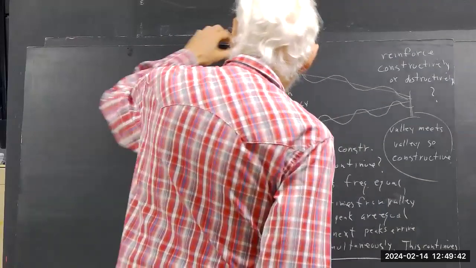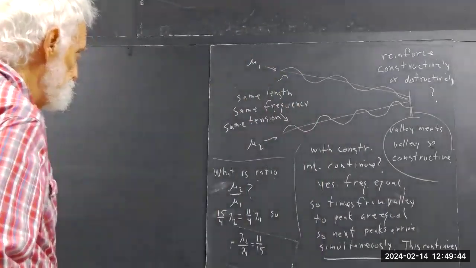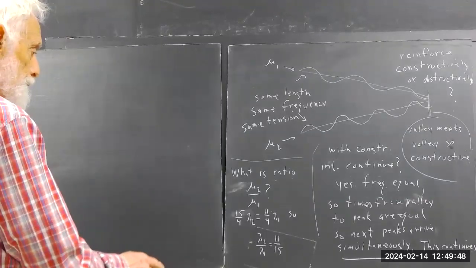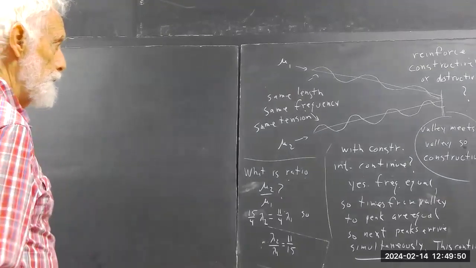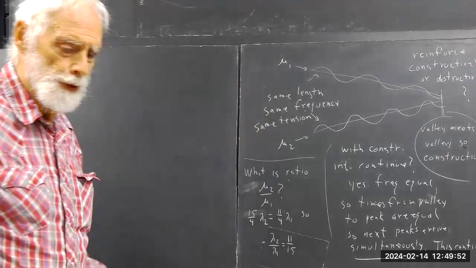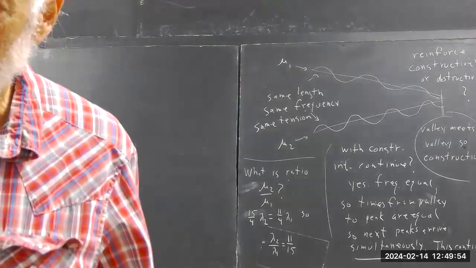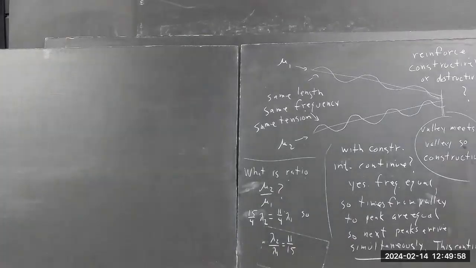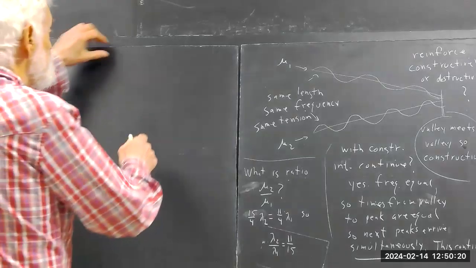All right. Well, does that help in any way with the densities? How can one wavelength be less than the other when they're at the same frequency?